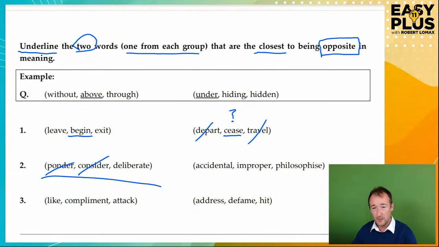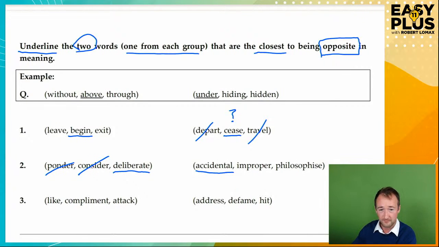But remember, deliberate. Deliberate meaning on purpose, which of course is the opposite of accidental, not of improper or philosophize. So that's such an easy thing to miss in a test, but it's so important.